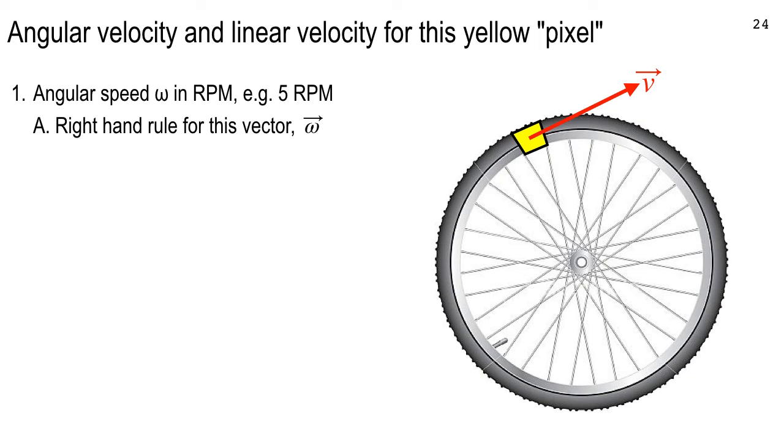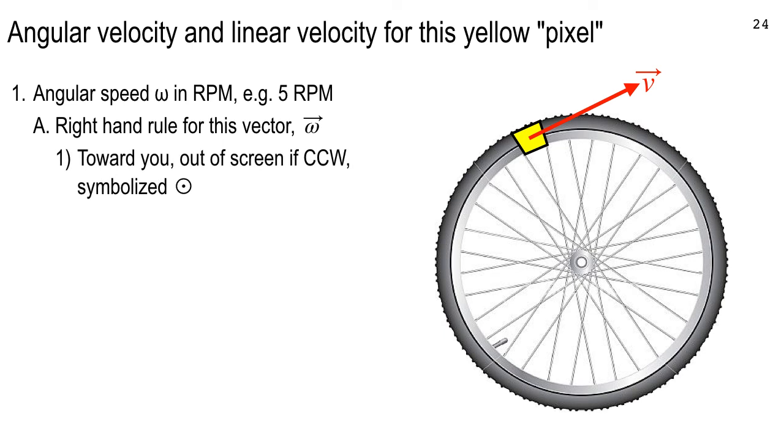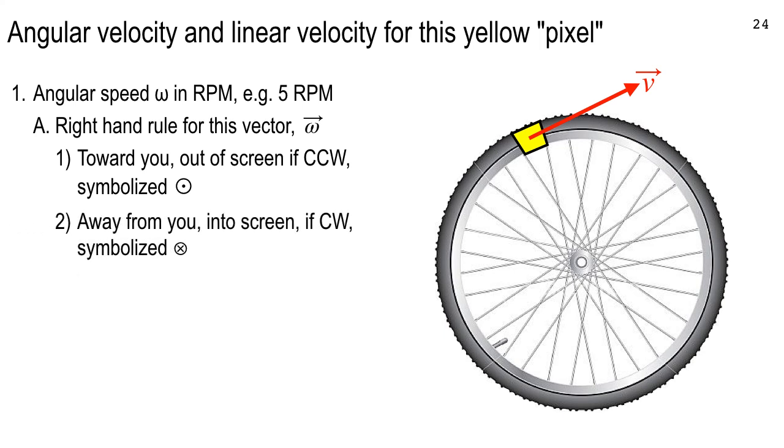And so the thumb is, let's do it. This one's going clockwise. So if clockwise, the right hand thumb is going into the computer screen. See where my hand is?